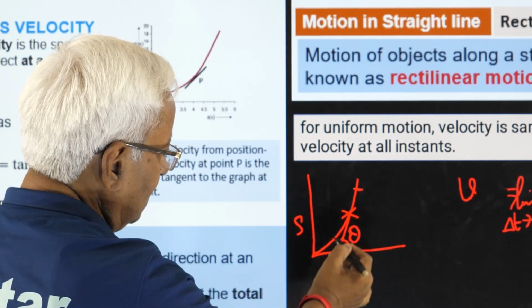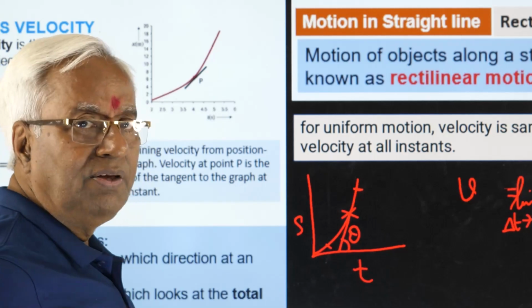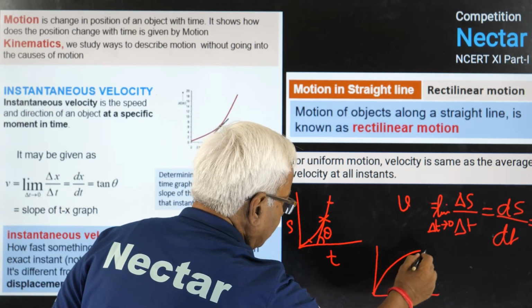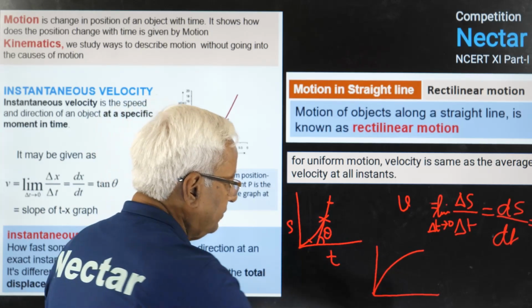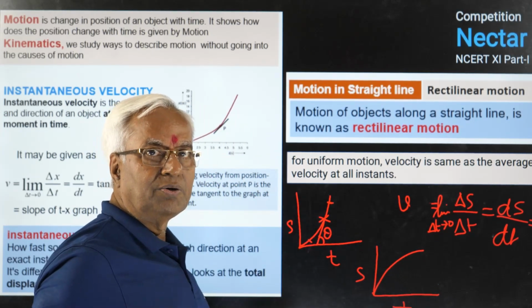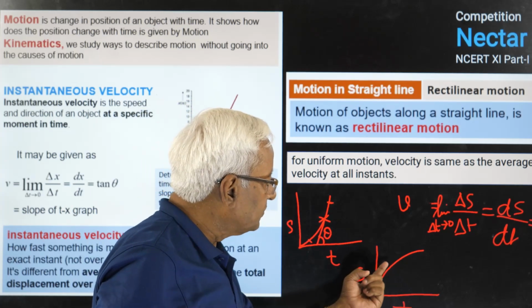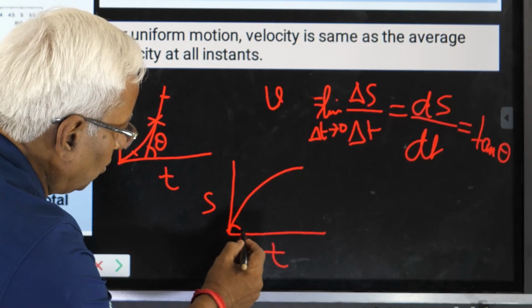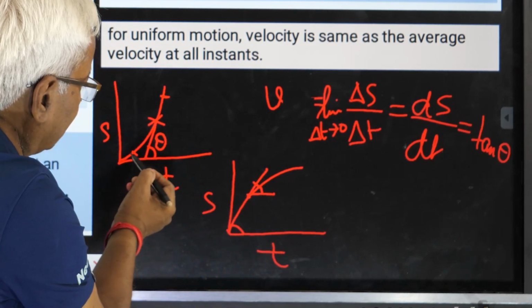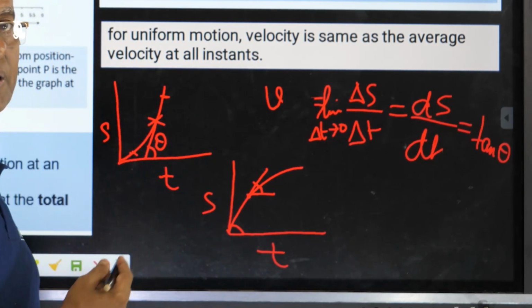See, here, here, anywhere. If the graph is this way, same graph but the type has changed, here you would say that the slope is decreasing. Here the slope is regularly decreasing. In this case, the slope is regularly increasing.